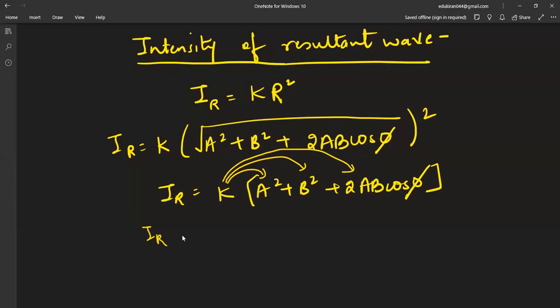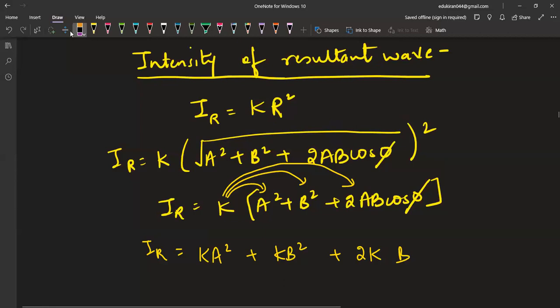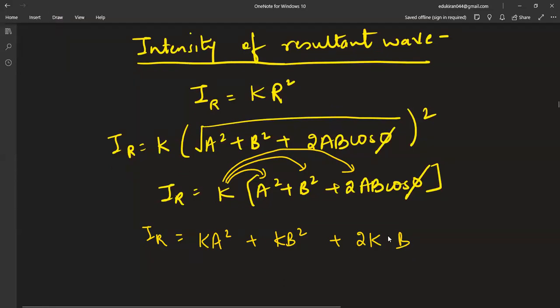So the equation of the resultant will be Ka square plus Kb square plus 2Kab cos phi.